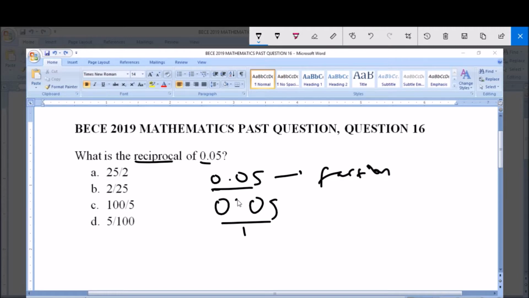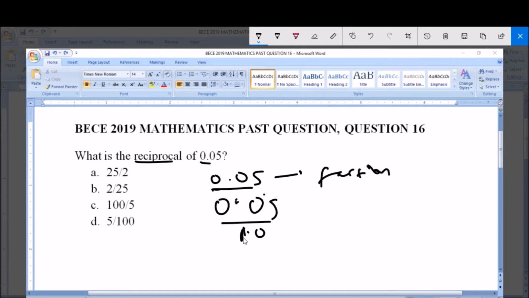Now, to convert this to a fraction, we have to move this decimal point to the right to make sure that this 5 becomes a whole number. Whenever you move the decimal point to the right in the numerator, we assume there is a decimal point after the 1 in the denominator, so let's assume this one is 1.0, and we also move that decimal point to the right.